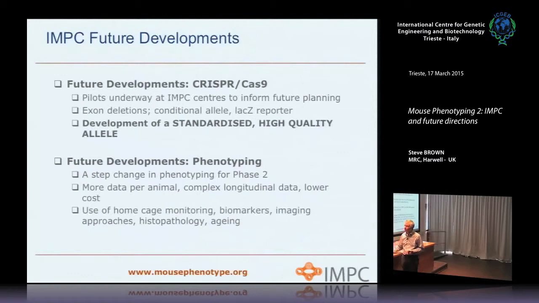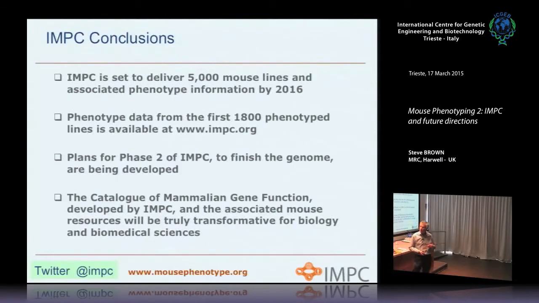So in conclusion, IMPC is set to deliver 5,000 mouse lines and the associated phenotype information by 2016. We're pretty much on target for that in a couple of years' time, by the end of 2016. Phenotype data from the first 1,800 lines is available, and you were looking at some of that yesterday. Please continue to look at it.